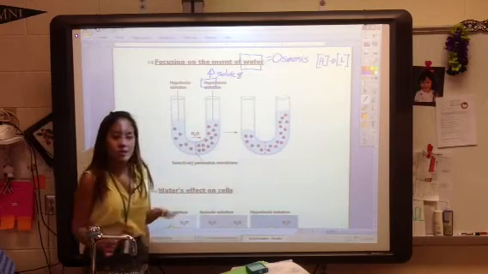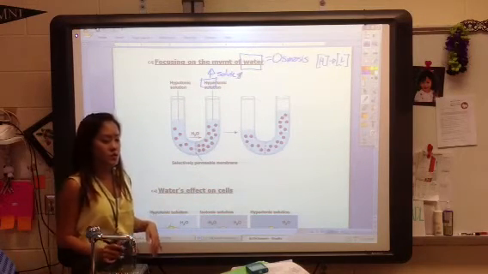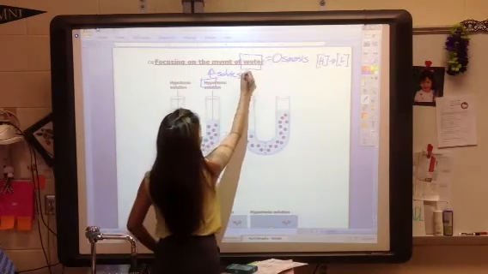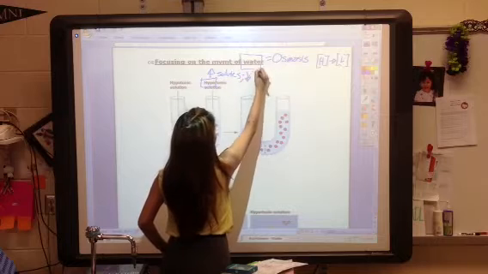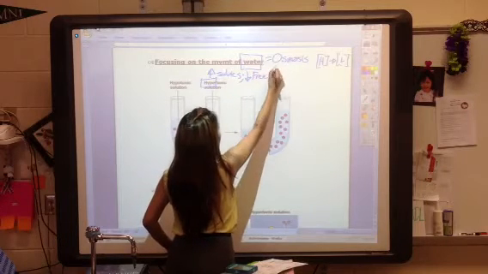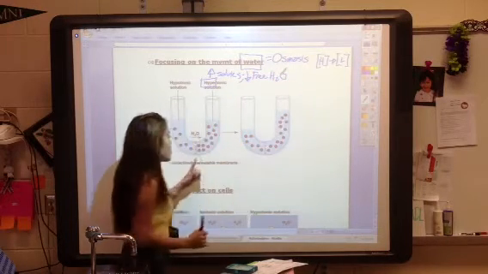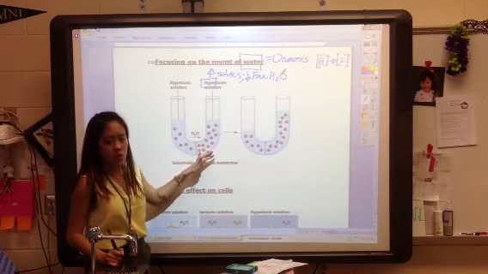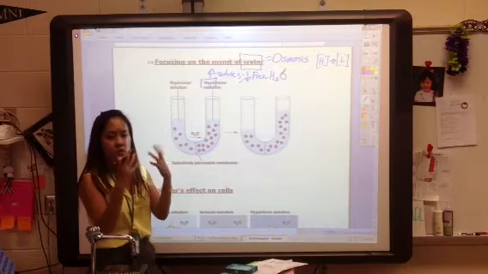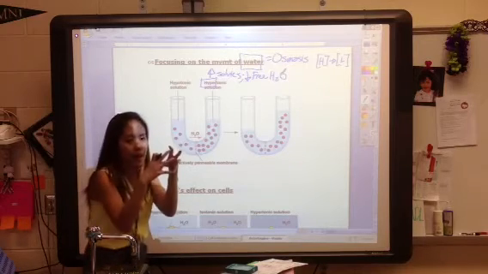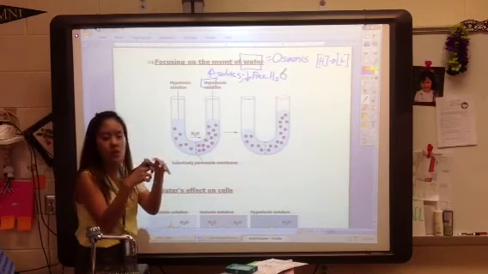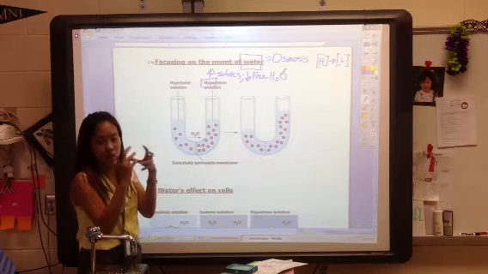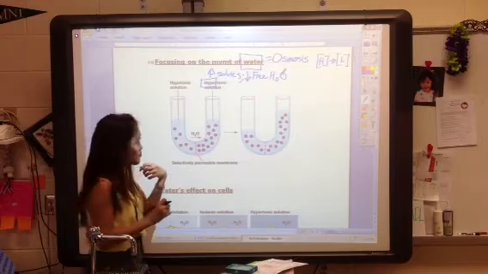When you have a high concentration of solutes, that means you're going to have a low concentration of what I'm going to call free water. Remember that when you have a molecule inside of a solution, the water molecules, because of their polarity, are going to try to surround that molecule. And when it surrounds it, it gets kind of stuck there. It wants to stick there because of those chemical properties.